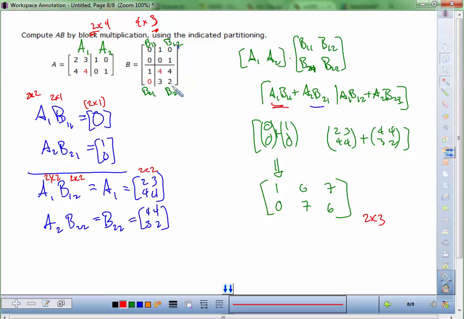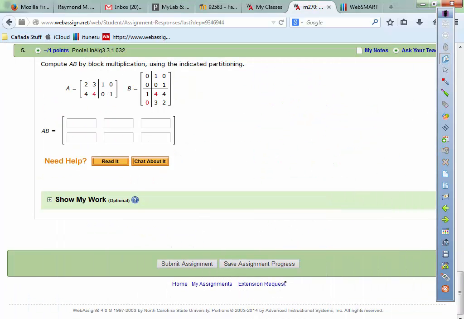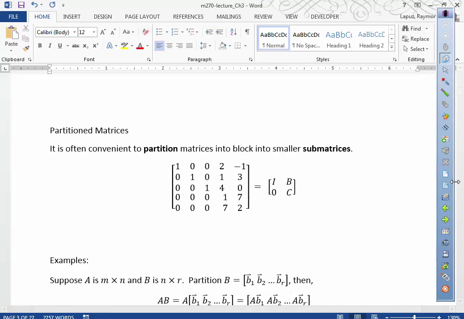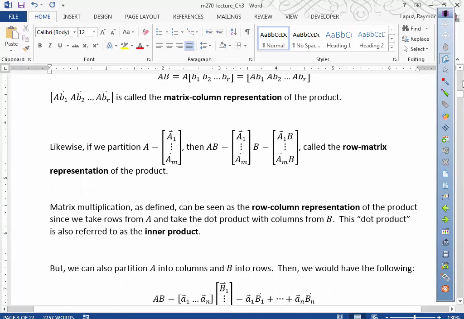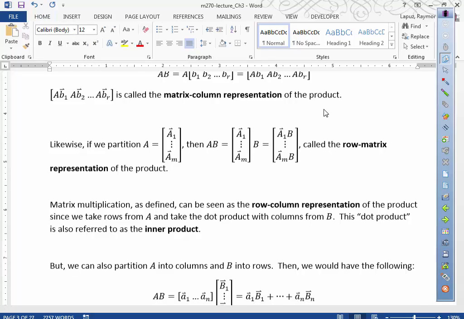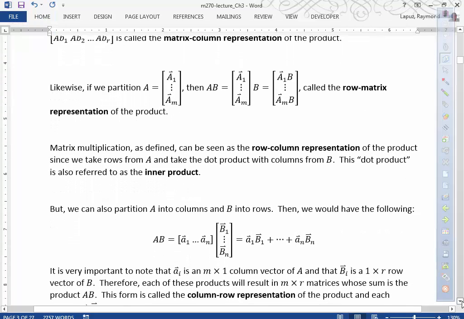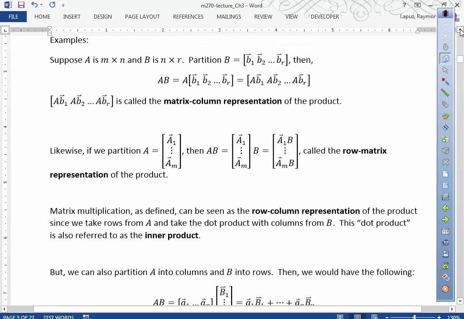The last bit of this section talks about a matrix column representation and a row matrix representation, which is kind of confusing because it looks like they're using the rows and the columns backwards, but if you look at it carefully, it actually does make sense.